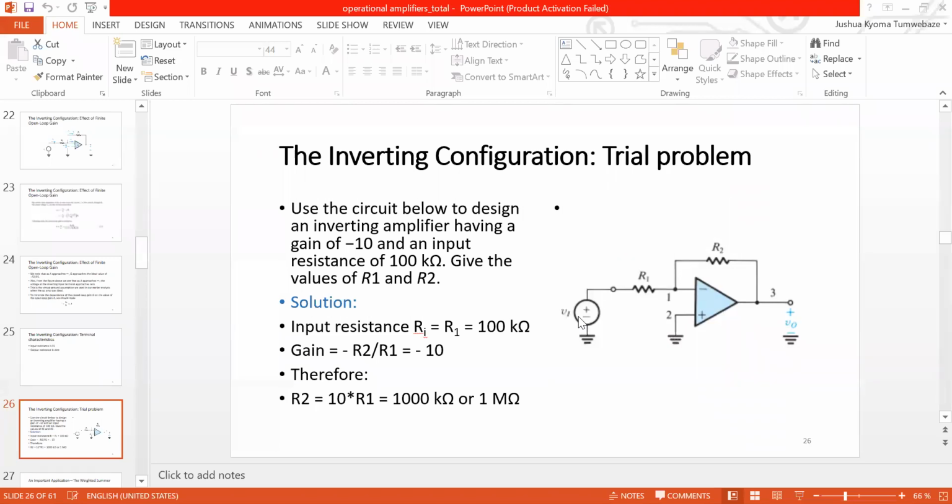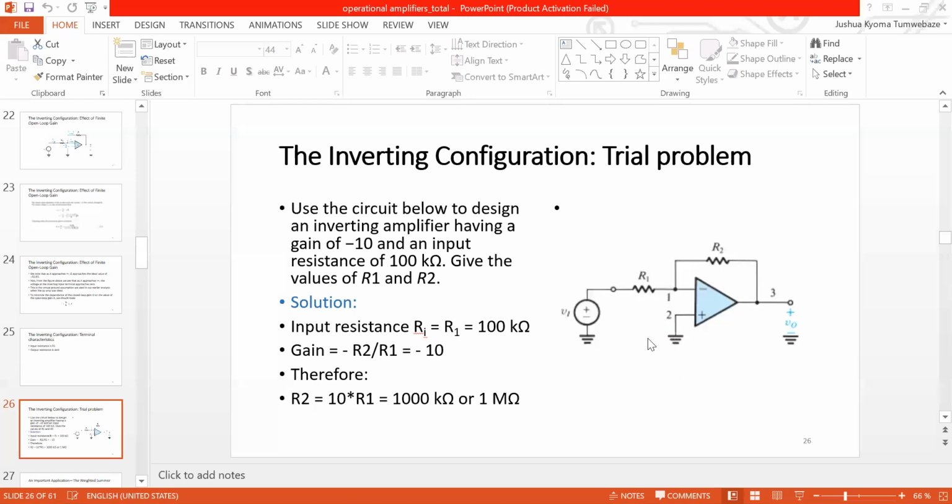Okay. I also refer you to the design problem from the inverting configuration in microelectronic circuits. Okay. Please ensure that you look through that problem. Okay. So there are also, of course, other constraints which you can introduce.